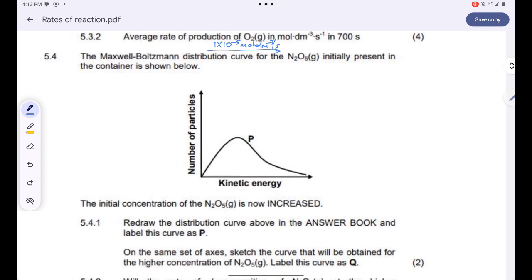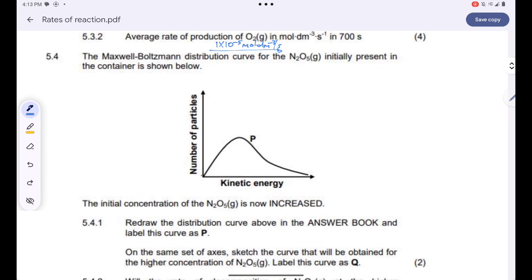Because by increasing concentration, that simply means there are more particles present in the container, and hence our graph will spike a bit. Increasing concentration does not change the average kinetic energy. It just helps us have more particles colliding, and if more particles are colliding, we'll end up having more effective collisions, and hence the rate of reaction will be higher.